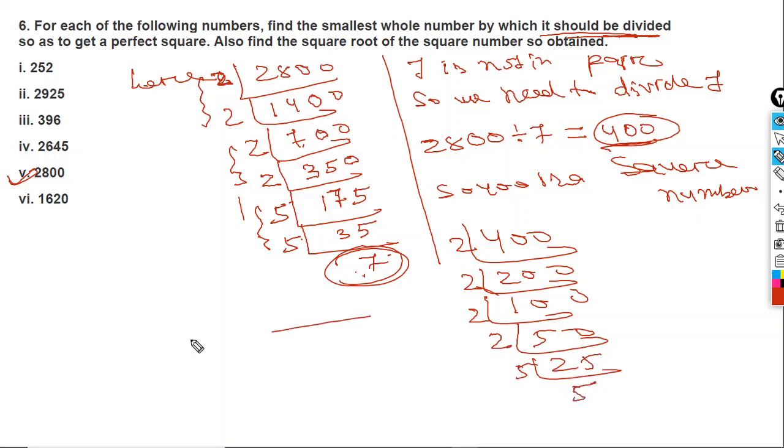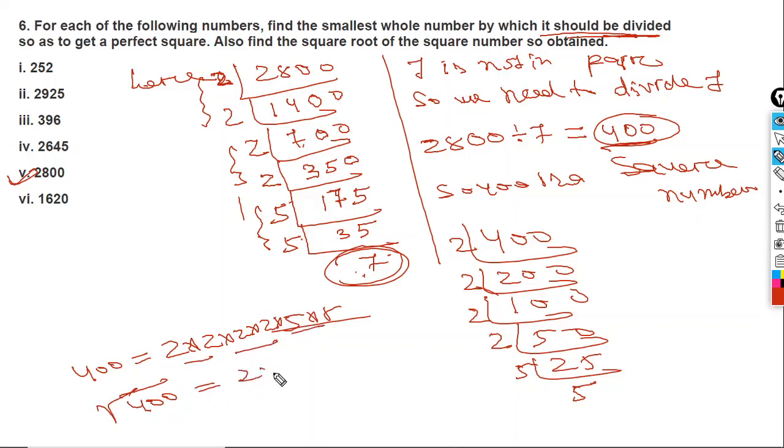So 400 is equal to 2 into 2 into 2 into 2 into 5 into 5. So the square root of 400 will be equal to, now pair them, 2 into 2 into 5, which is 20. So the answer will be 20.